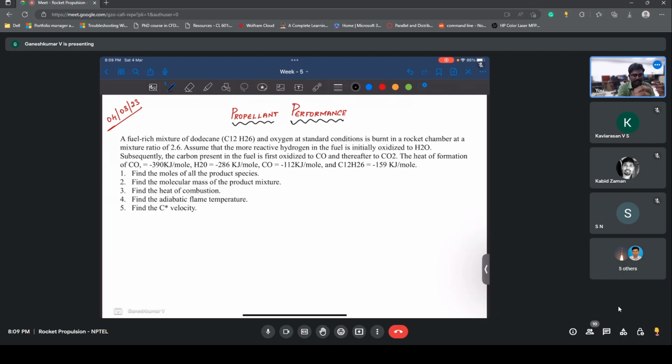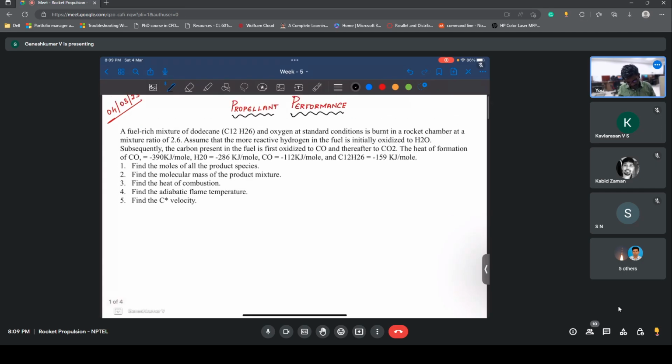Based on this high pressure and temperature, your nozzle velocity is affected. Once velocity is affected, thrust is affected, and based on that you design your mission requirements. So that is how this course has progressed till now.